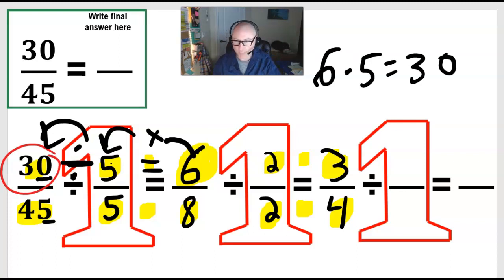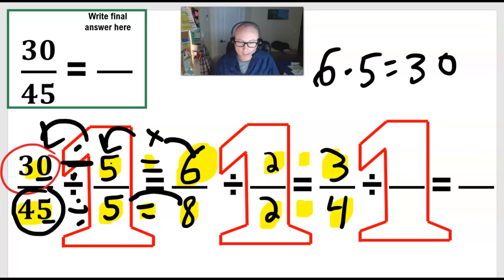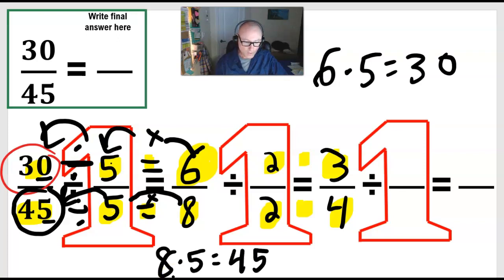Okay, let's try the next one. 45 divided by 5 equal to 8. Let's see here. If that's true, I should be able to say 8 times 5 equals 45. Is that true? Is 8 times 5 equal to 45? 5, 10, 15, 20, 25, 30, 35, 40.